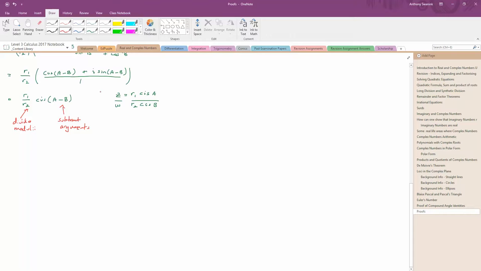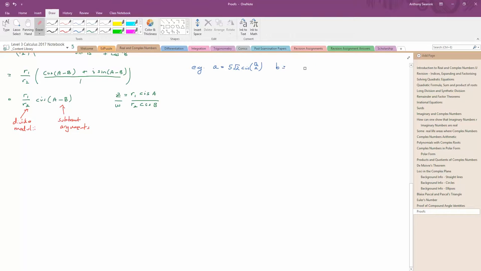So let's take a look at a simple example again. So if we had A is equal to, let's say, 5 root 2 CIS pi over 2, and we've got B is equal to, let's say 10 CIS pi, let's do something a little larger this time.